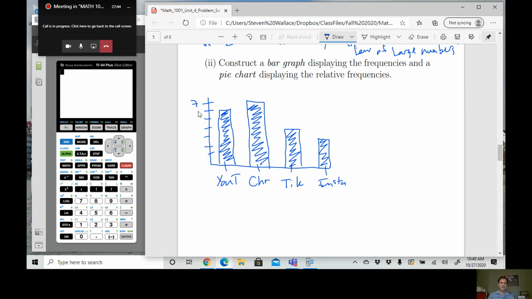The scale of the vertical axis is either using frequency or relative frequency. Note, the relative frequency bar graph would look exactly the same.